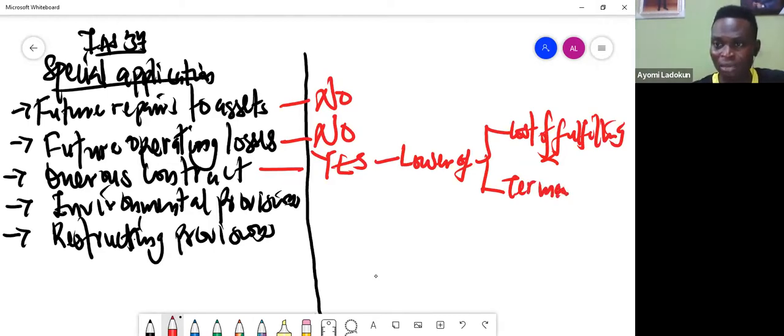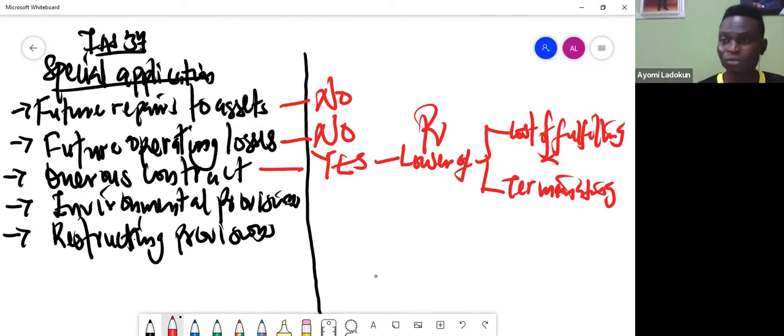It's in your notes, so go and look at that. You're going to do the present value because it's in the future. So the cost of fulfilling the contract and the cost of terminating the contract plus any penalty payment, the lower of those will be the amount of provision you are going to recognize.